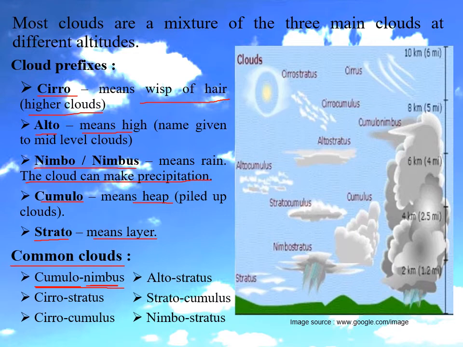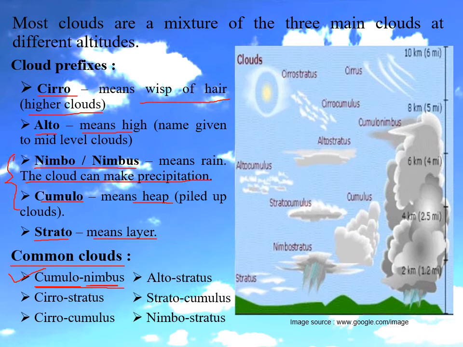Similarly, cirrostratus, that is layered clouds having some hairy texture. Cirrocumulus, again hairy-like, but at the same time some kind of pile of cotton or heap is also found. Altostratus, these are mid-level layered clouds, stratocumulus, and nimbostratus. So these are basically combinations of the three types of clouds: cirrus, cumulus, and stratus.